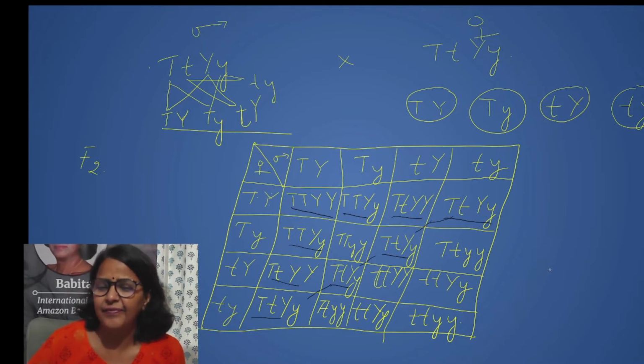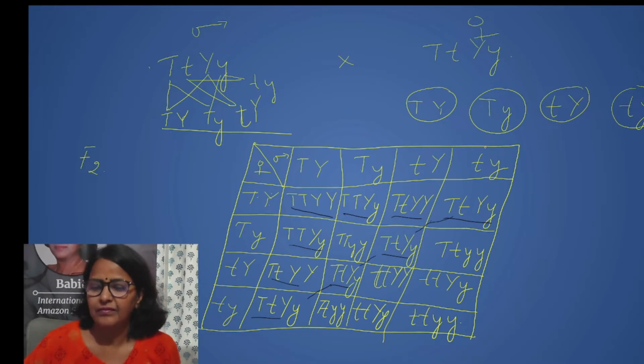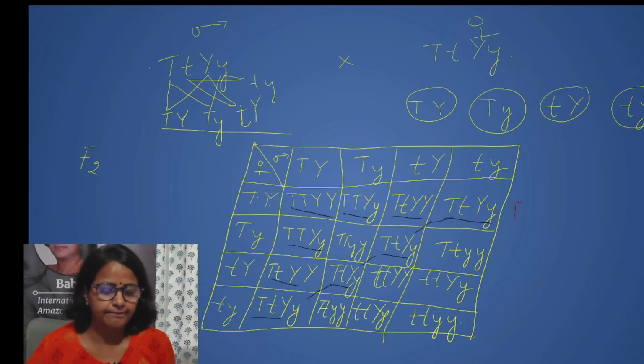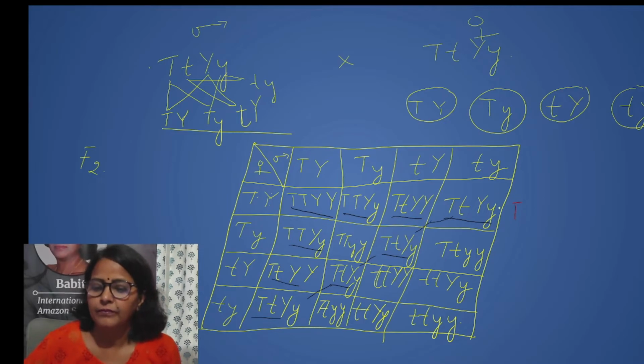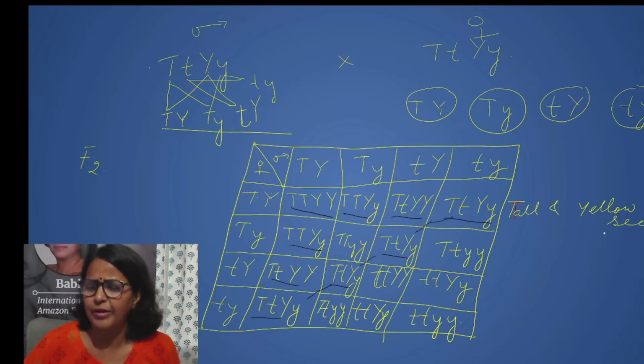That is tall and yellow seeds. How many plants are there? 9.